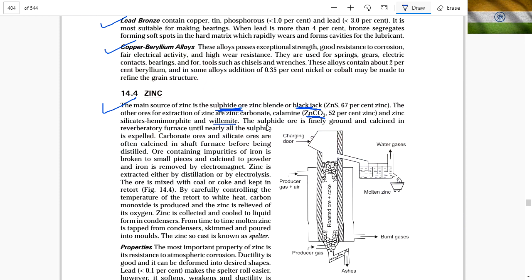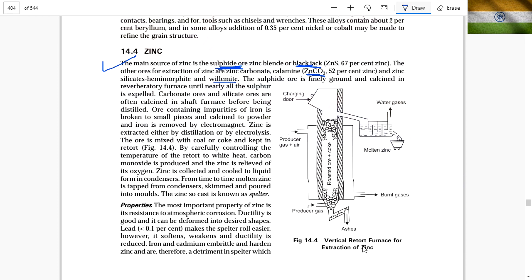The sulfide ore is finely ground and calcined in a reverberatory furnace until nearly all sulfur is expelled. Carbonate ores and silicate ores are often calcined in a shaft furnace before being distilled. So here you have the vertical retort furnace for extraction of the zinc.